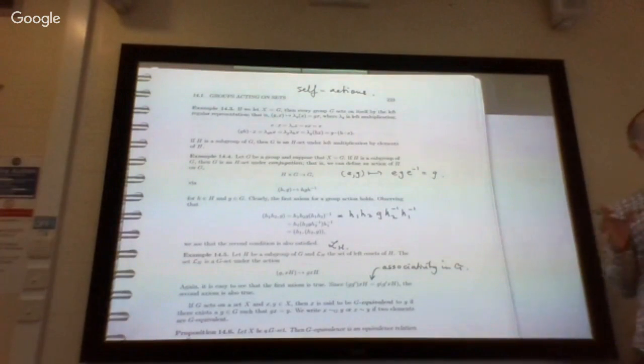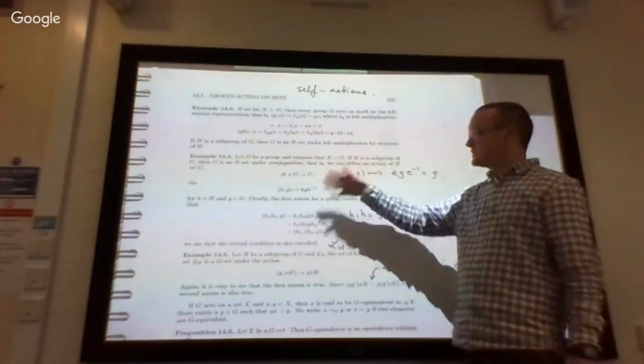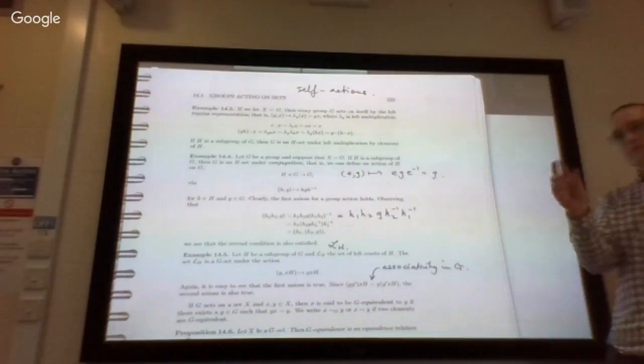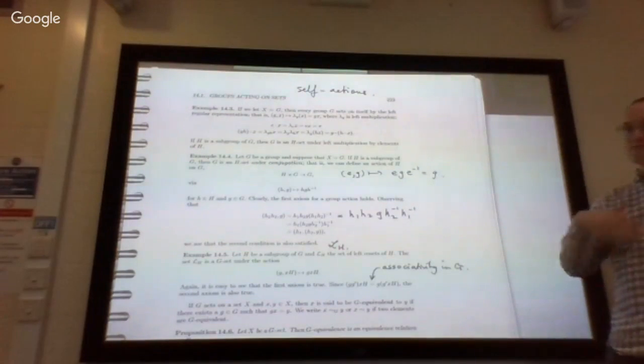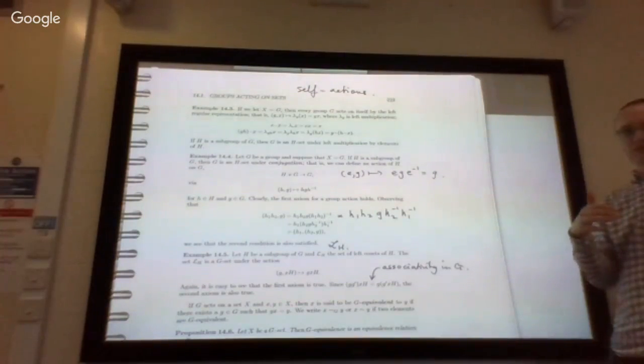And it's kind of maybe not hard to smell some of that relevance or smell some of that idea that when a group is acting on itself by conjugation, you're studying the group and looking at the number of possible ways that the group can move its own elements around using the group operation.